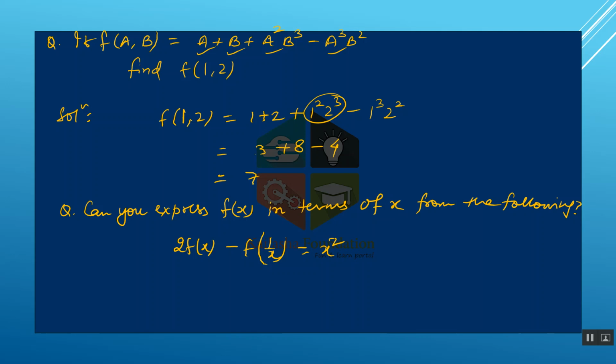Okay. 2f(x) minus f(1/x) is equal to x square. Solution.